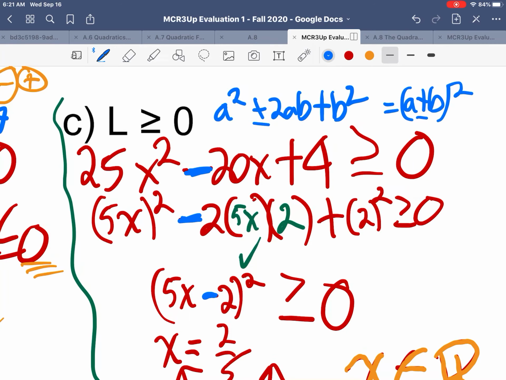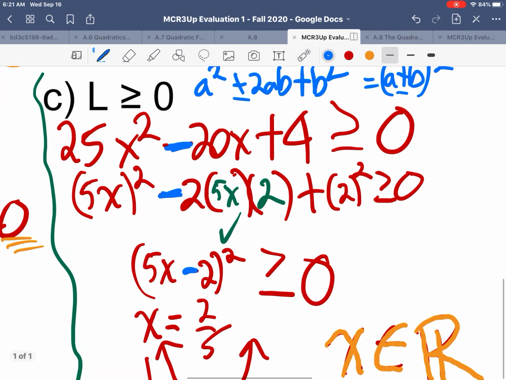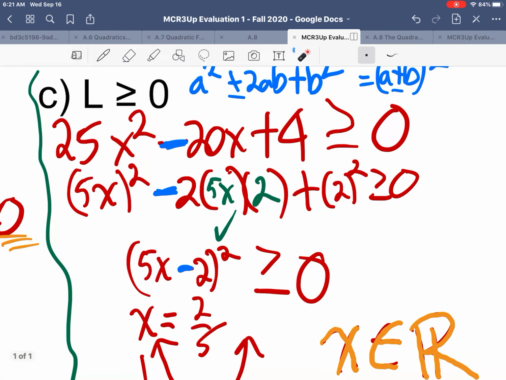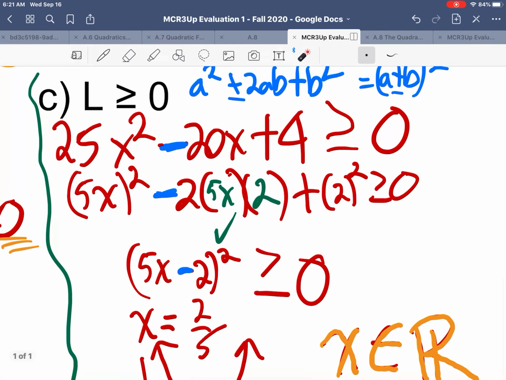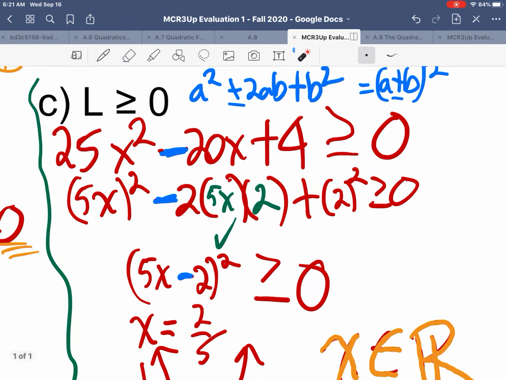Okay, so first thing I need to do is I look at this and I think, okay, 25, that's a square. 4, that's a square. So I need to check and see if it follows the formula, because I've got squares at the start and the end. It has to have 2ab in the middle, so I double check it.